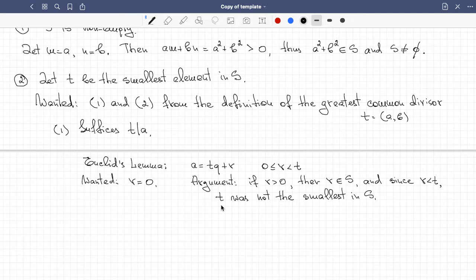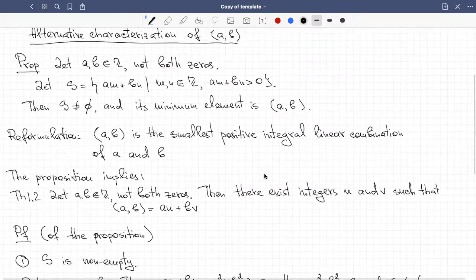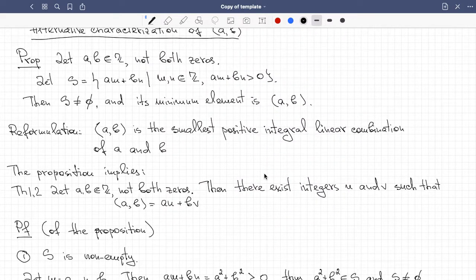T, which has been chosen to be the smallest element in S, turned out to be not the smallest. R, if positive, is smaller. R is always smaller than T, but if positive, we want to say it is still in S. S does not contain 0. It contains only strictly positive elements.